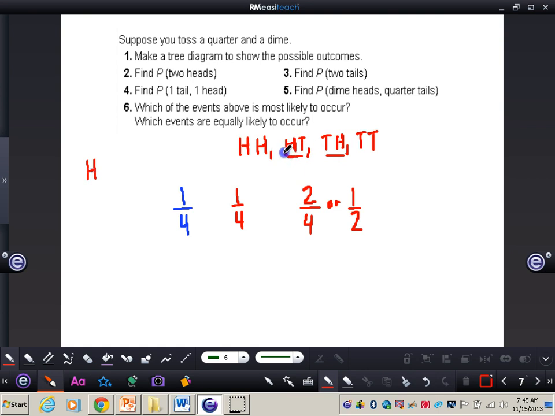So only 1 out of 4. Okay, even though there's tails, heads, heads, tails, and so on, this would represent the dime landing on the heads, the quarter landing on the tails. So the probability for number 5 would be 1 out of 4 chances.